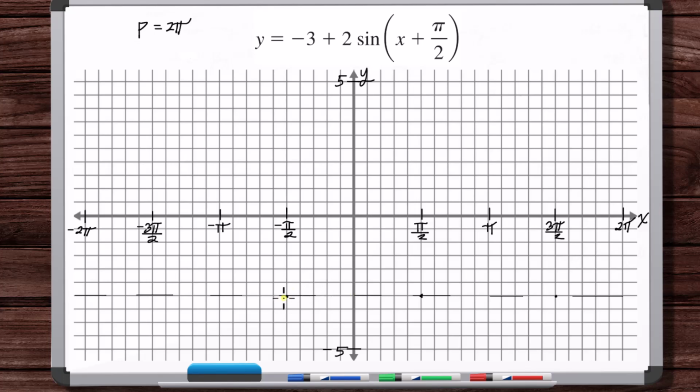Now this is a sine curve that hasn't been flipped or anything, so at the first quarter point it's going to go up to the positive amplitude, so that's going to be up 2. The amplitude's 2. And at the 3/4 point, it's going to be the negative amplitude, so down 2.